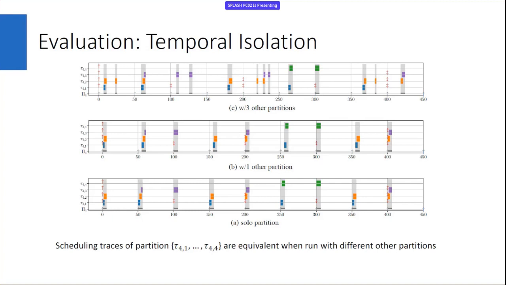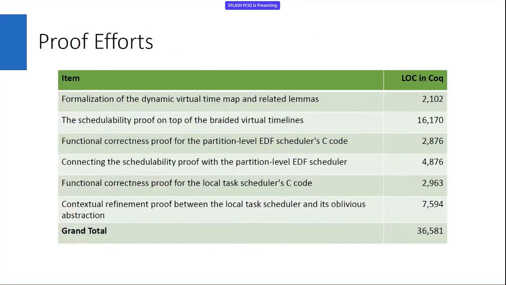They always follow the same task order, even though they might be divided in some cases, and they still basically follow exactly the same shape. So if you concatenate these things together, they will look exactly the same, which means you are not influenced by how many other partitions are running in your system. And all of this is formally verified.